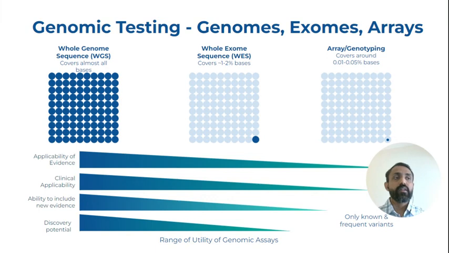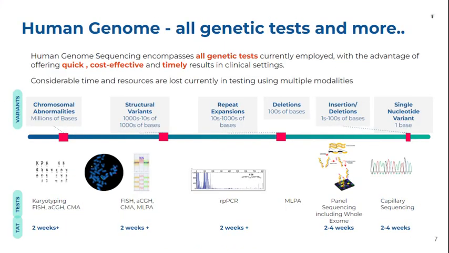All the other techniques are largely reliant upon prior knowledge and evidence about human diseases and human genetic variants. In clinical settings, we indeed use a variety of genetic tests, and these genetic tests look at a variety of different resolutions of genetic variation. On one end of the spectrum, we have chromosomal abnormalities, numeric abnormalities, translocations or deletions in the chromosome.